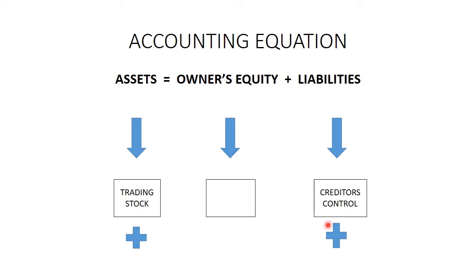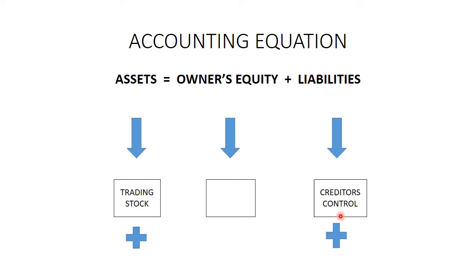So here the number of external lenders or wholesalers that keep on selling goods to us on credit is also increasing. So assuming the trading stock was bought on credit, let's say for example purposes 1,000 rand, you are going to debit trading stock 1,000 rand and credit creditors control 1,000 rand.